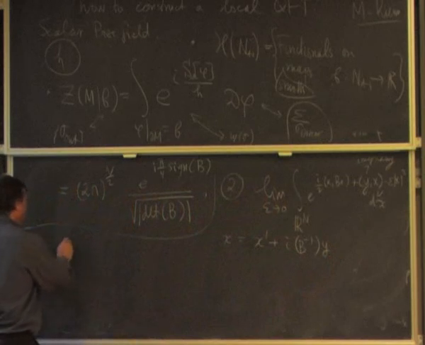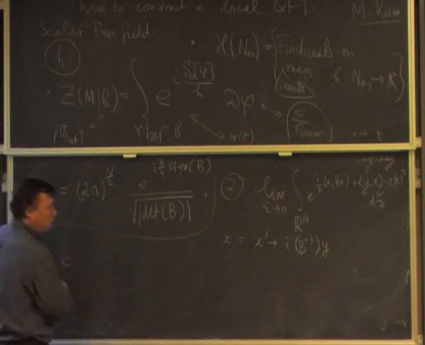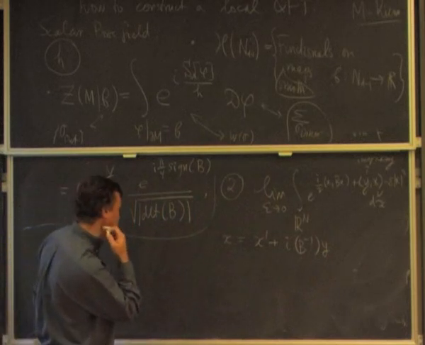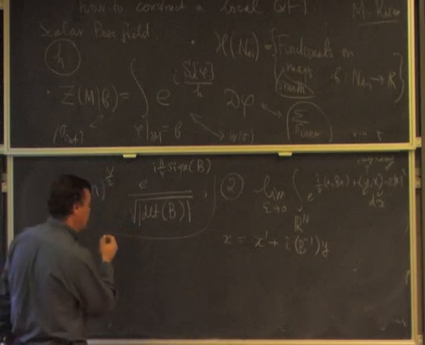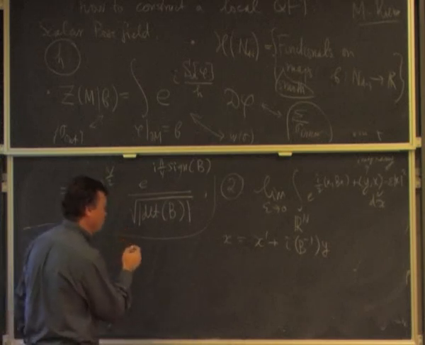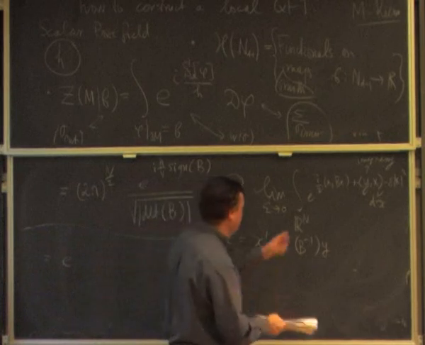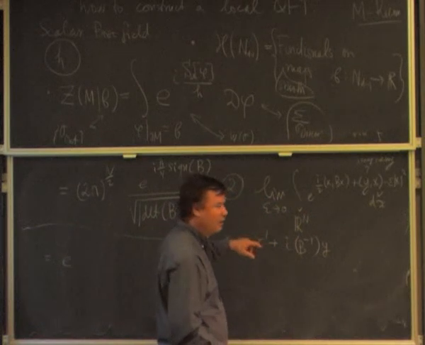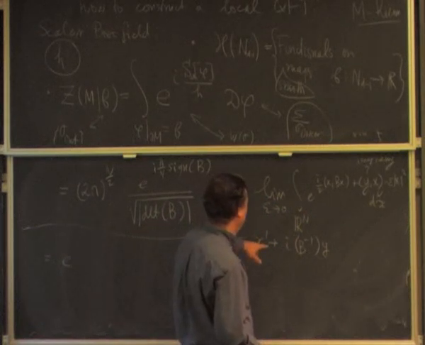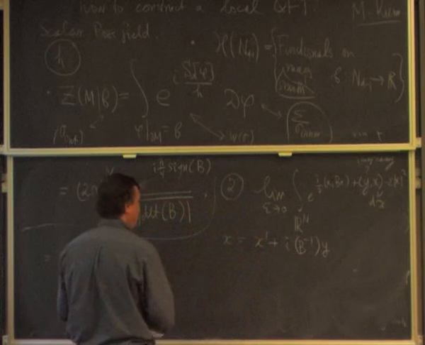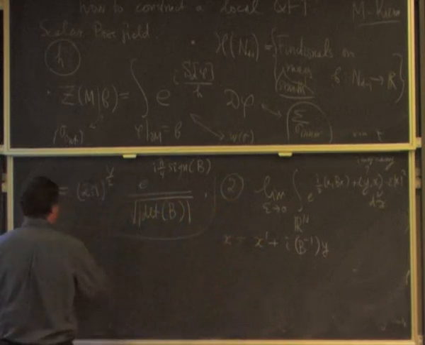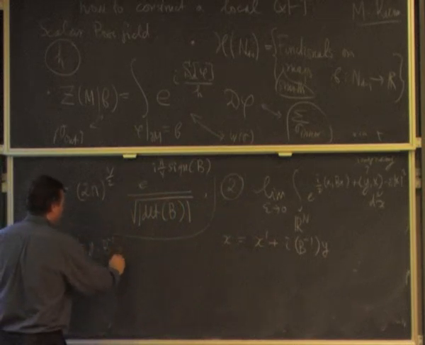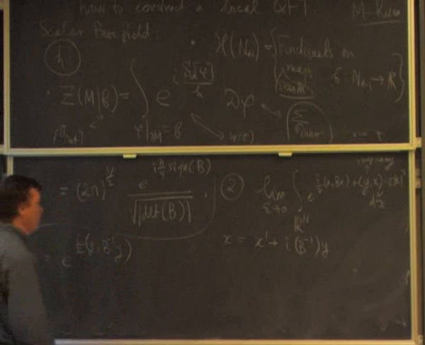And then this integral is equal to e to the, so it's completing the square. I'm sure you can do it faster. So it will be minus, right? And then it will be plus from there. So it will be i over 2 y B inverse y.